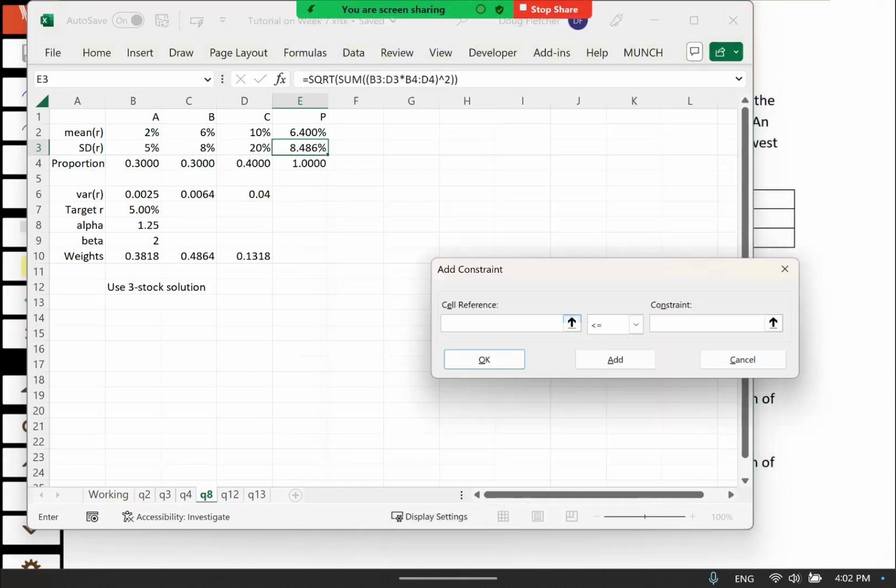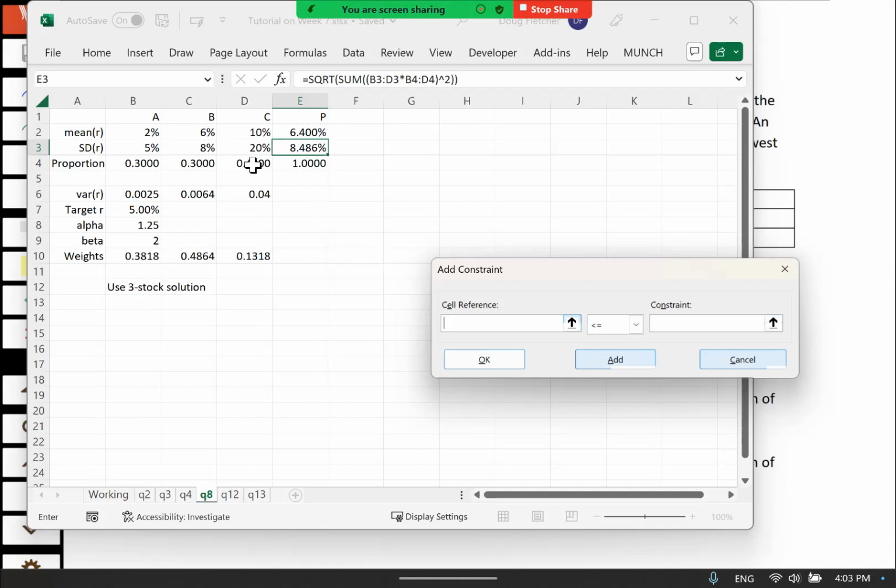For any constraint that involves a calculated amount, you need to have the calculation in your spreadsheet. So here's our portfolio return here. We're going to set that equal to 0.05. And our second constraint is that the proportions must equal 1.